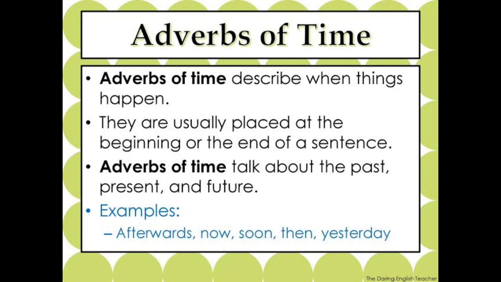So time will differ according to the present, past and future. So adverb of time also talks about the present, past and future tense. For example, these are examples for adverb of time: afterwards, now, soon, then, yesterday.